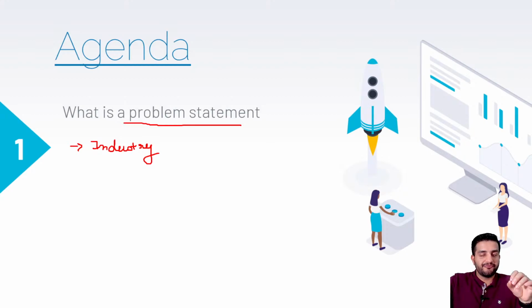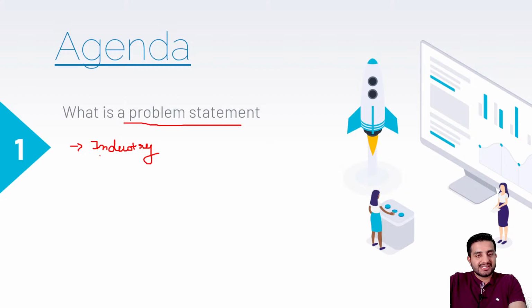That is very important. And that is exactly what we'll be talking about today: what different things you need as an industry expert in data science to identify a potential problem statement which can be solved by data science professionals.